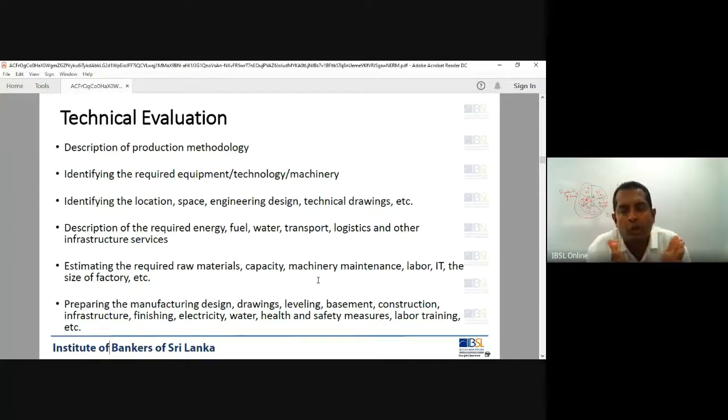Once I went to a chocolate factory in Sri Lanka. It is somewhere in Dompe, right? I asked him, why are you here? It's not in Colombo, little away from Colombo. It's not near the main market or near the airport. They are supplying to foreign market as well. Why? Their answer was, Dompe has the best quality water in the country.